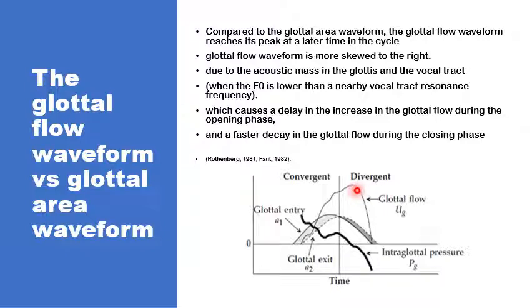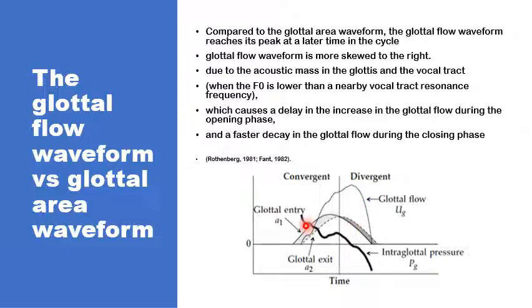There are other manifestations of the interaction between the source and the filter in the glottal flow, and that is a rapid declination here of the glottal flow, and there are some ripples at the opening of the glottal flow. All these manifestations plus the shift of the peak to the right are due to the interaction between the glottic signal and the filter, the vocal tract filter.